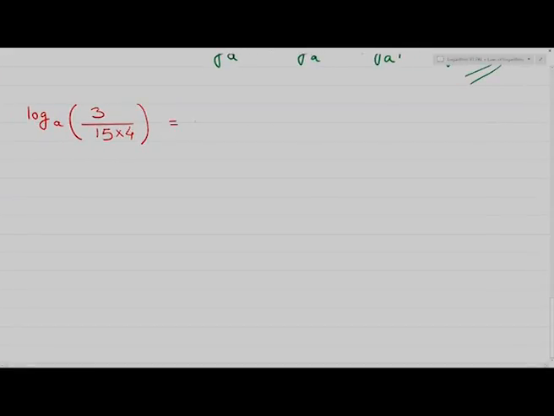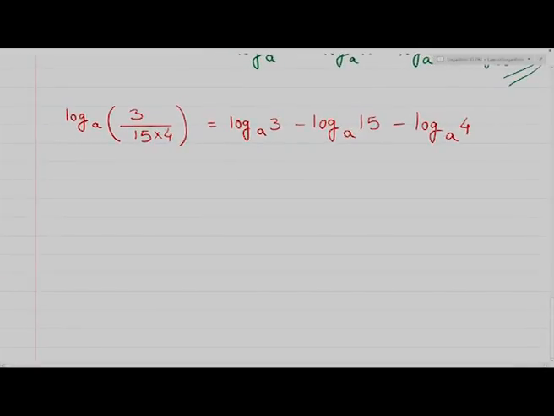This can be written as log to the base a of 3 minus log to the base a of 15 minus log to the base a of 4. Okay. So, I have demonstrated the use of this property.